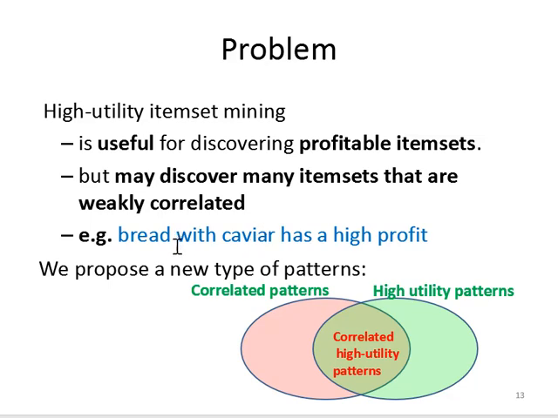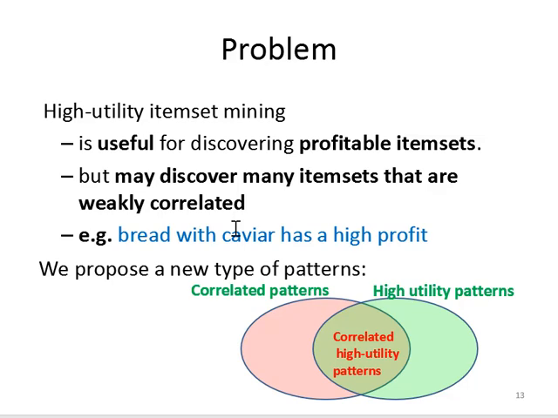For example, think about bread and caviar, which is some kind of food from the fish, like eggs. It's very expensive and not so frequent. If you put bread with caviar, maybe it has a high profit. But why? Maybe only because caviar makes a lot of money actually, and bread, everybody buys the bread. So maybe they just appear together by chance.